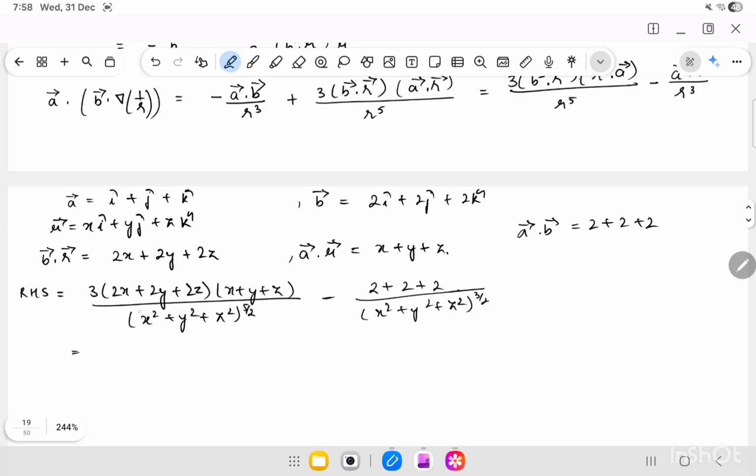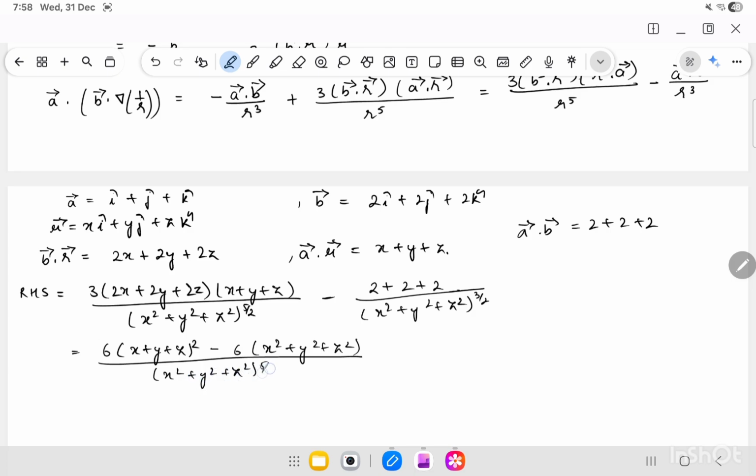And it simplifies to 6 times (x plus y plus z) square minus 6 times (x square plus y square plus z square) divided by (x square plus y square plus z square) raised to 5 by 2.